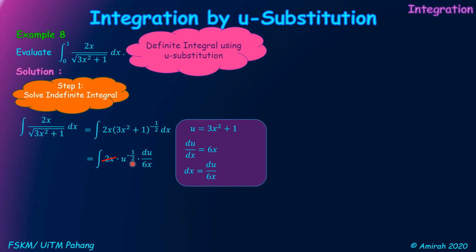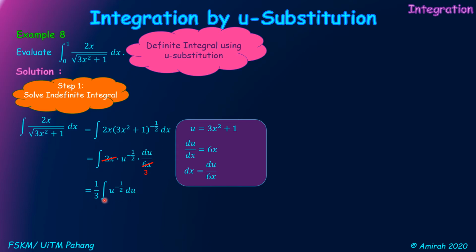After that, we can simplify 2x and 6x in the denominator here, and we get 1 over 3. Then we can move out the constant 1 over 3, and we have the integral of u to the power of negative half du.